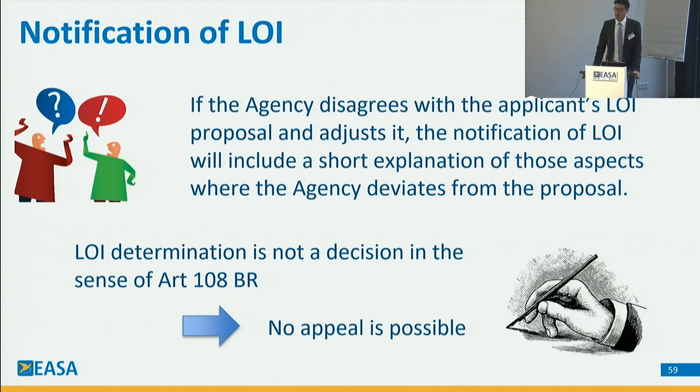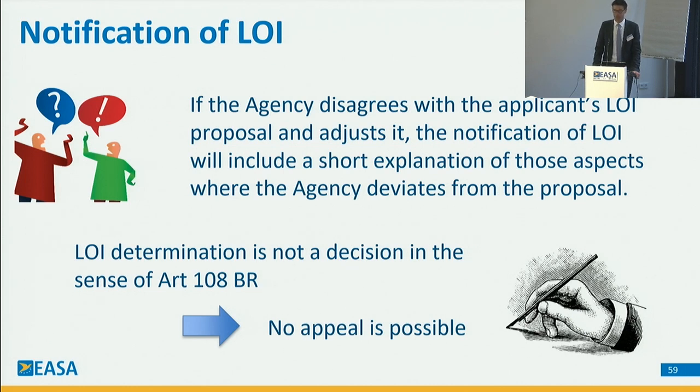If we disagree with the applicant's proposal for LOI, we will adjust it. We will notify you about that and include a short justification, an explanation of these aspects where we deviate from the proposal and why. And maybe one important point, the LOI determination is not a decision in the sense of Article 108 of the basic regulation.